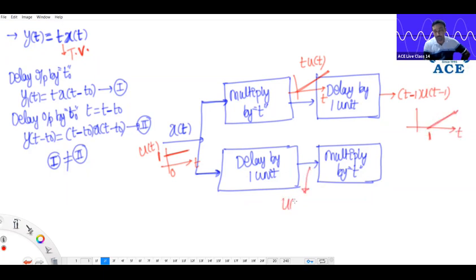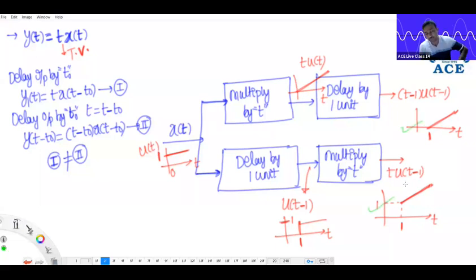In the other path, u of t delayed by 1 unit is u of t minus 1, and t into u of t minus 1 starts at 1 with amplitude 1. Of course, these two graphs are not the same. That indicates it is a variant system.